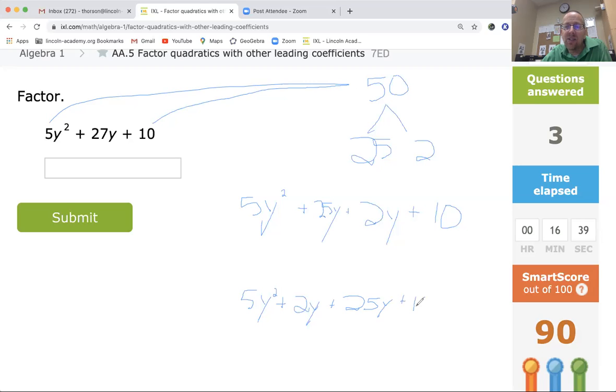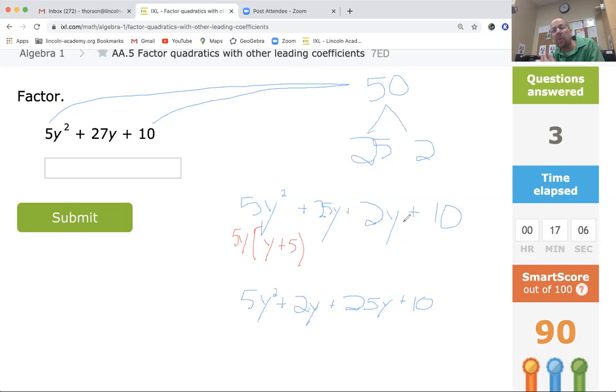It works nicer than you think, but yeah, I agree it's not as nice. Because if we did it with the 25 in front, what's in common with these first two terms? Yeah, 5y. So we get a 5y, and then what's left of the first term? Yep, y is left, and then a plus 5.